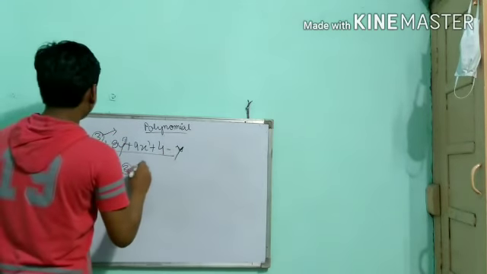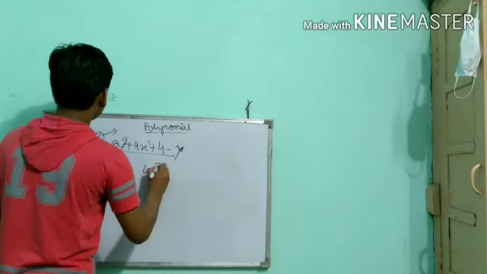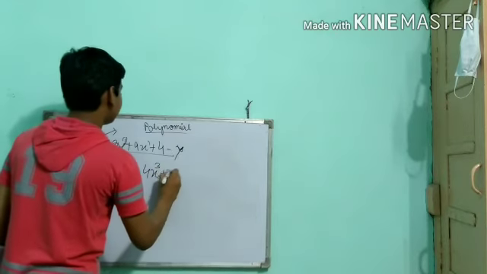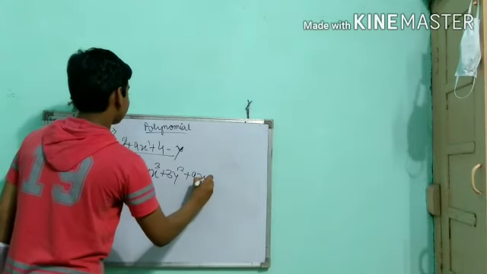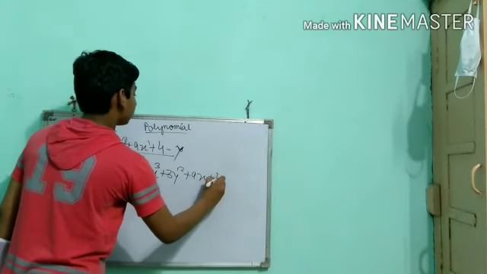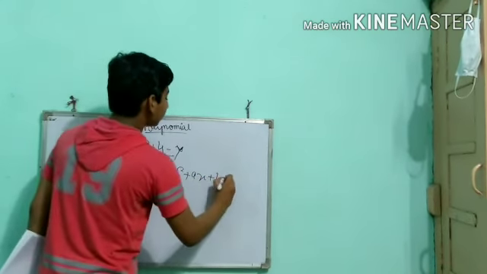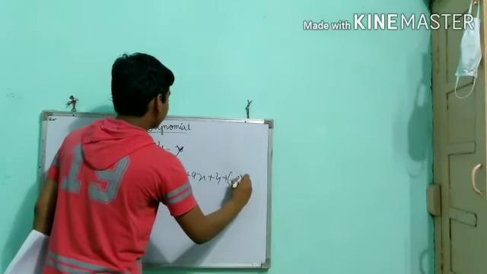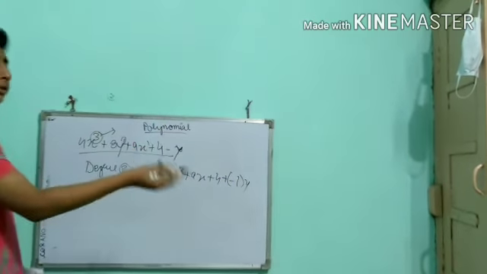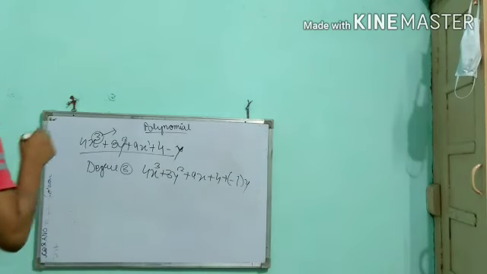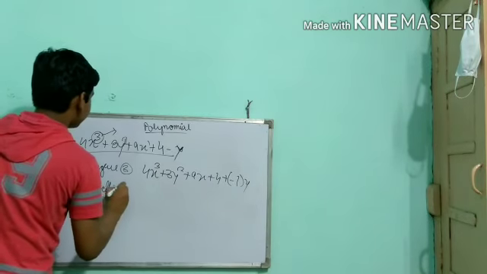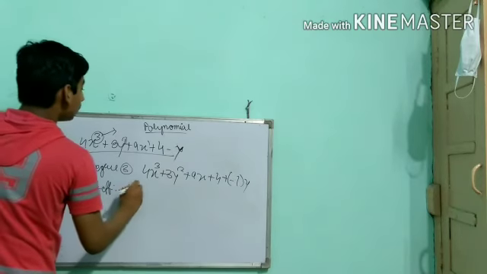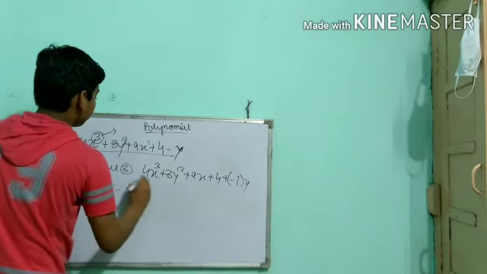It can be written as 4x cube plus 3y square plus 9x plus 4 plus minus 1 into y. Minus 1 into y will give minus y. So the coefficient is equal to minus 1 in this.